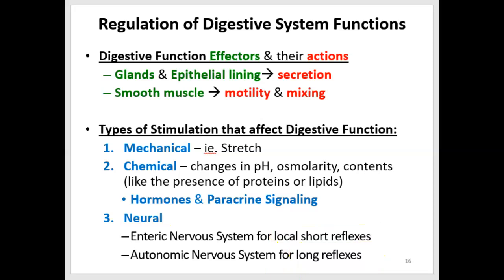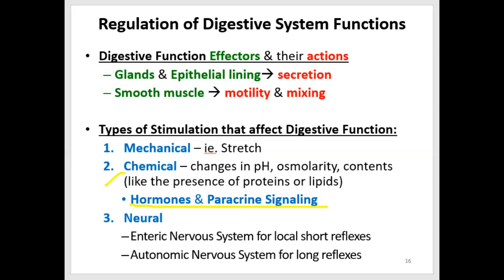Now, I've also included a fourth type of stimulation, which is actually pretty important, and we'll encounter it when we talk about the stomach and the small intestine in more detail. And that is the category of hormones signaling either through the bloodstream or some chemicals performing paracrine signaling. So I'm putting this in the category of chemical, because hormones, of course, are chemical compounds.